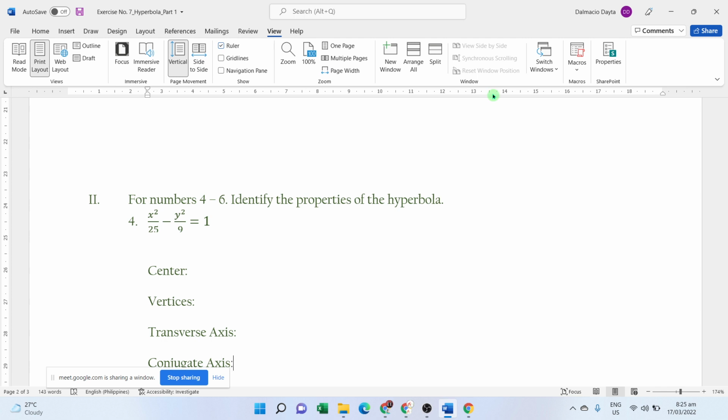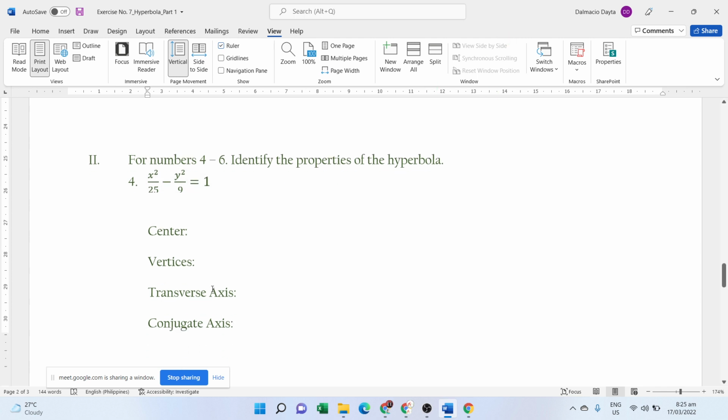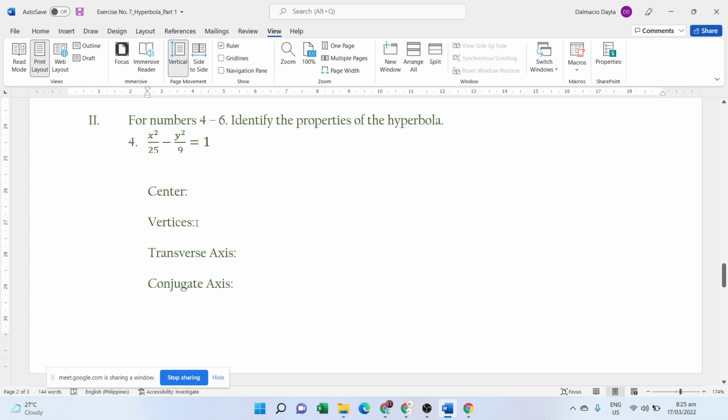In other references, class, they are also getting the coordinates of the co-vertices, na? The value of b. However, the coordinates of b or the co-vertices are not part of the hyperbola, so I didn't include it here.